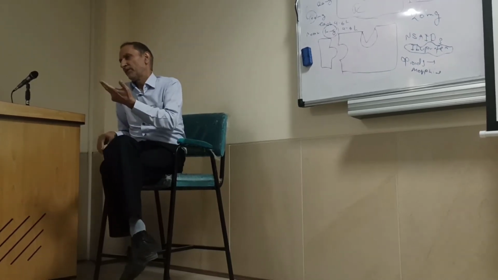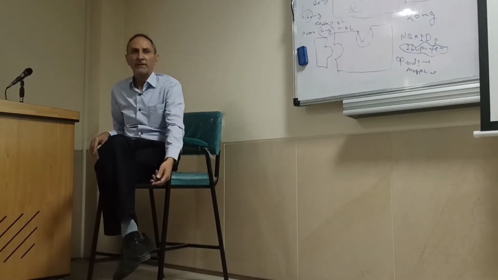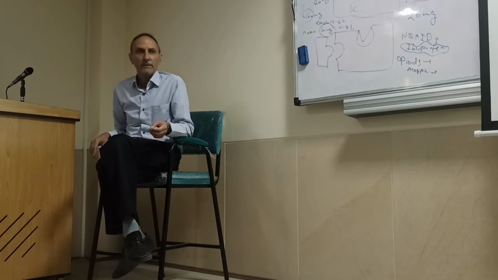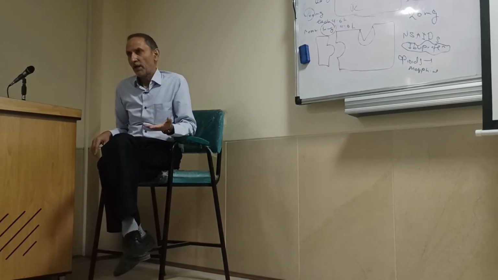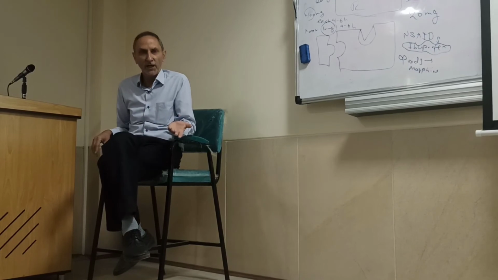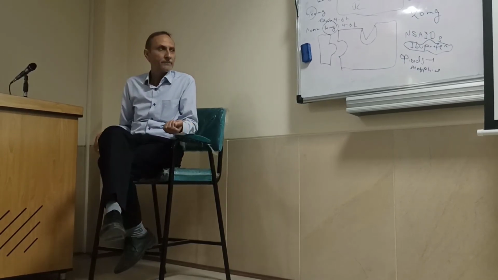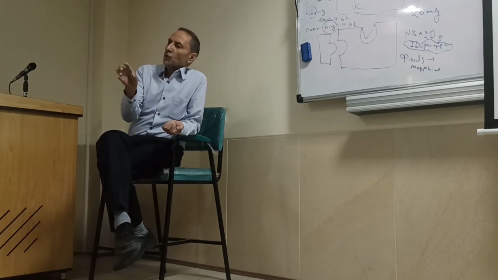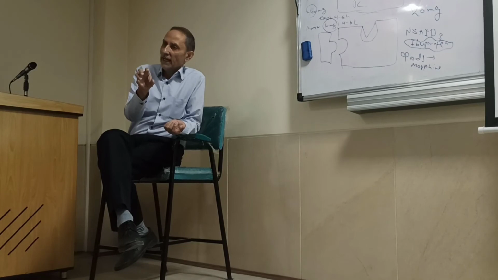Let's have an example with aldosterone. What's the action of aldosterone in the body? Increased absorption of sodium and excretion of potassium. Okay? Aldosterone is produced by the adrenal gland.